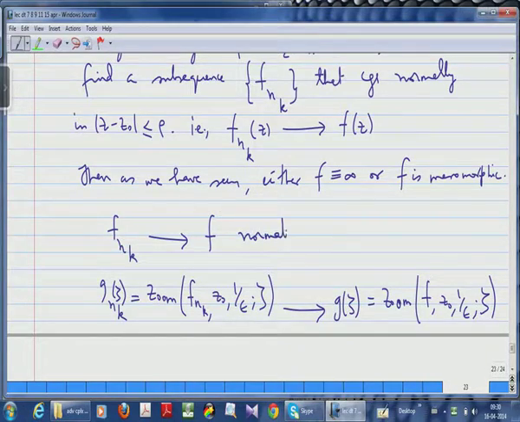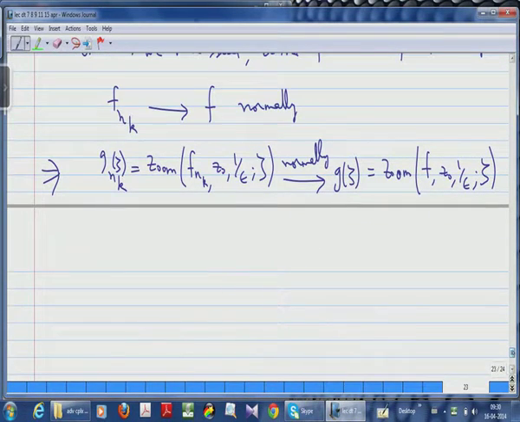Now let me write this. This will imply that this will also converge normally. And the point I want to make is that I have assumed that the original family is normal. And we have seen, namely Marty's theorem, that normality is equivalent to the spherical derivatives being normally bounded.